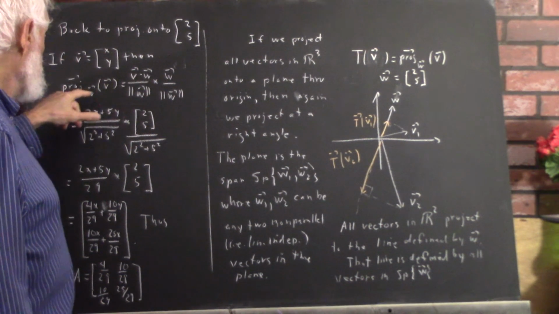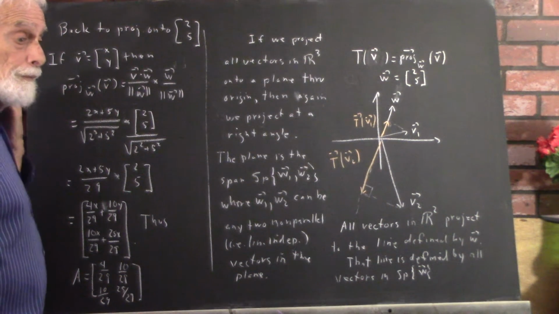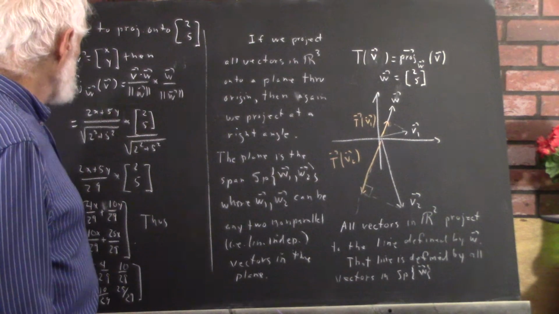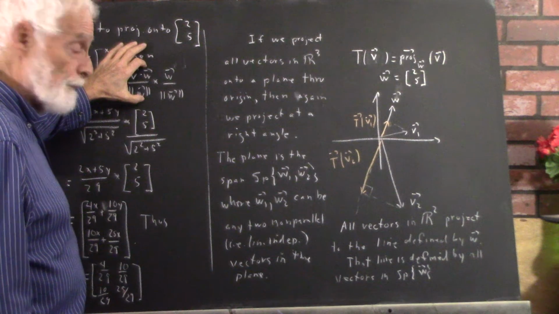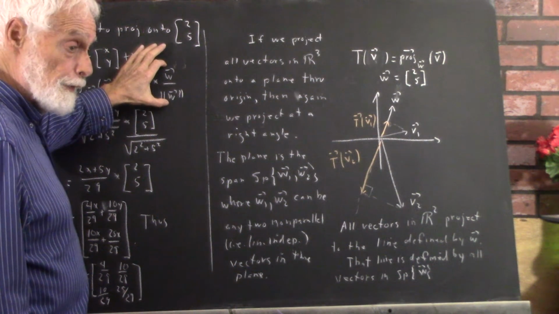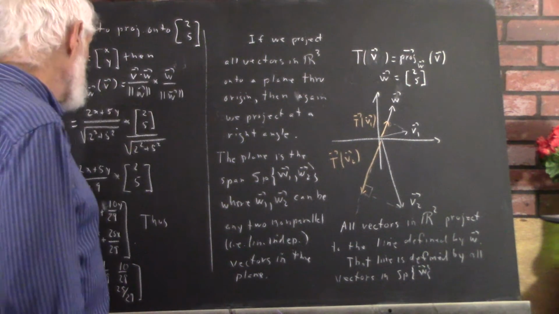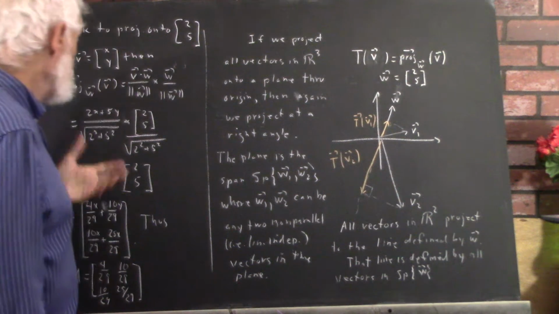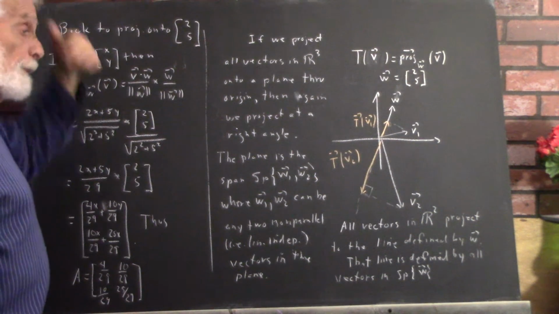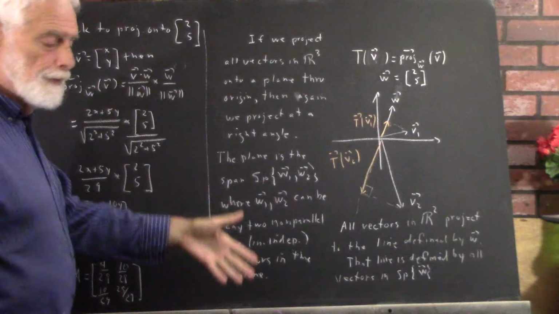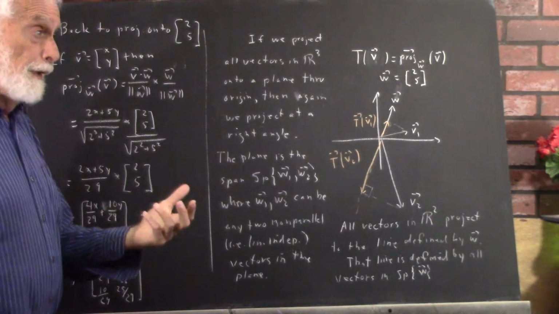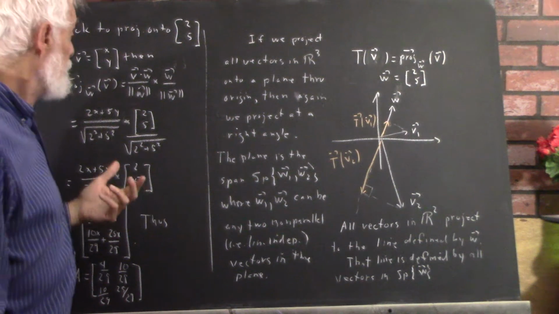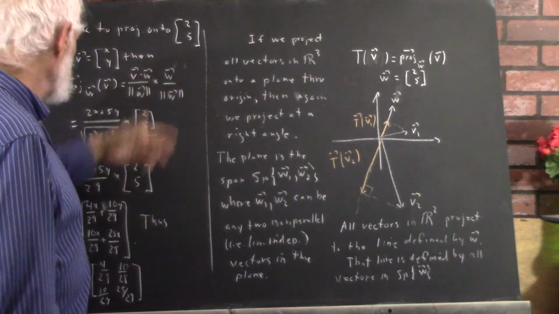Well, in general, I like to think of the projection of v onto w as v dotted with the unit vector in the direction of w, multiplied by the unit vector in the direction of w. You can think about it any way you want. You can memorize a formula, but remember what I said a little while ago about memorizing formulas. They don't really tell you anything unless you understand what they mean. And the meaning is what I just said.